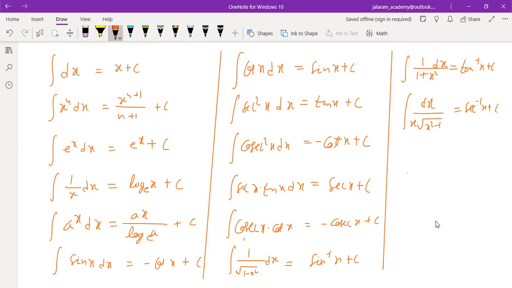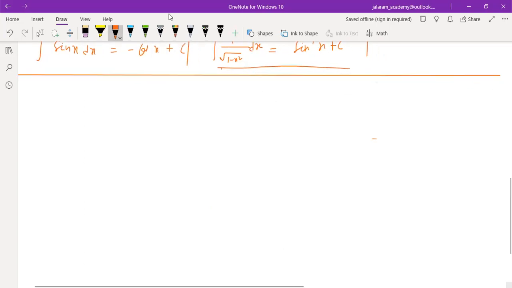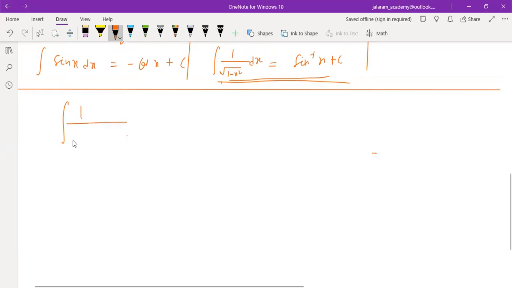Okay. So we have studied the simple formulas of these types. Now we will study some modifications in these three formulas also. In place of 1 upon root 1 minus x square, if it is 1 upon root a square minus x square dx, remember this formula: it will be sin inverse of x by a plus c.